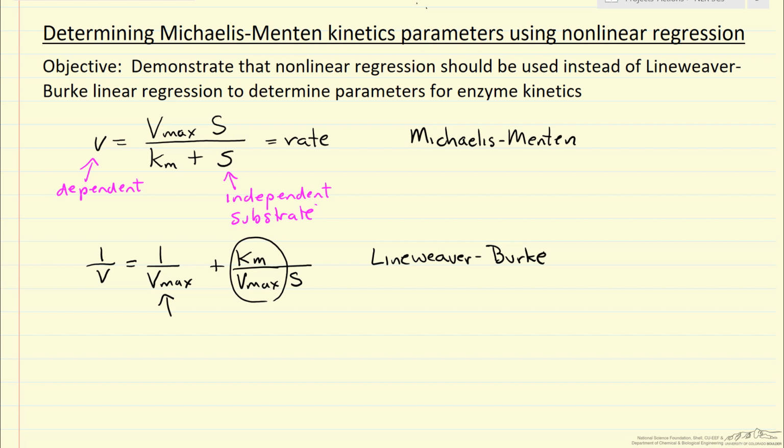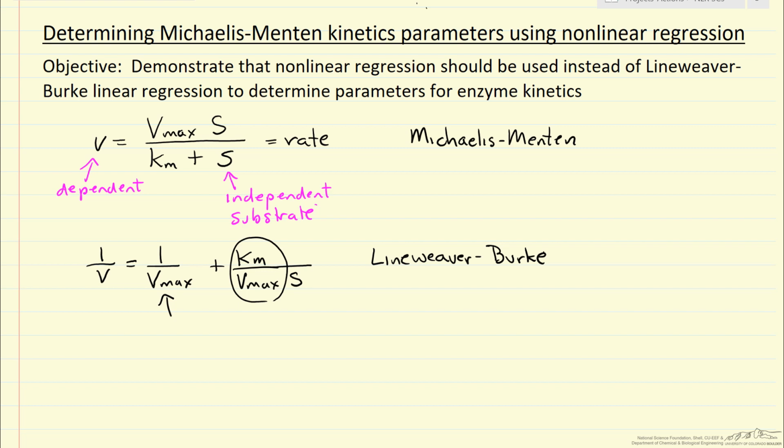However, what we're doing is compressing points that are at the high substrate concentrations, and we're putting more emphasis on points at the low substrate concentration, and these are ones that are often the least accurate. Remember that in regression, we're assuming the scatter about the measured values is the same, but when we take the inverse of the rate, that's no longer true.